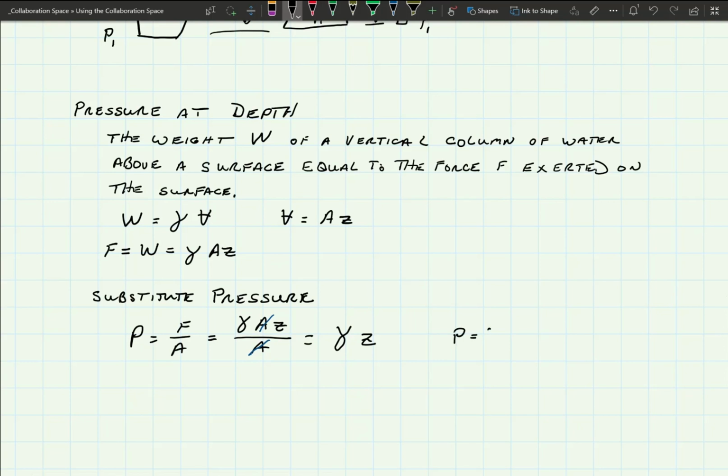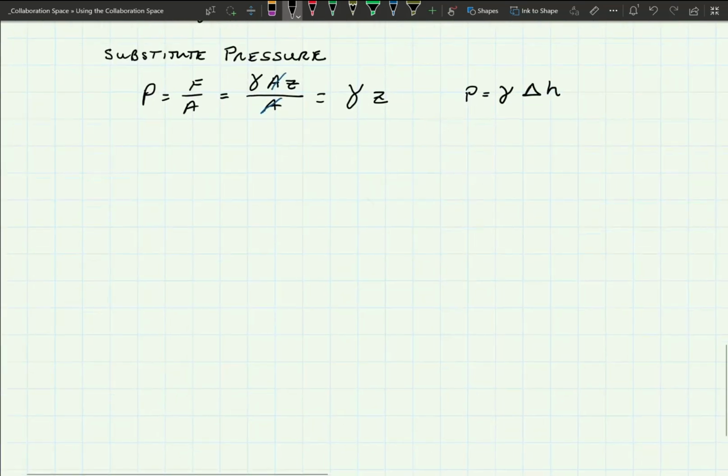P is equal to specific weight times delta H. But I leave the first one in there because, believe it or not, you can turn that into a calculus equation and calculate the change in pressure. Okay. All right. Everybody good so far?